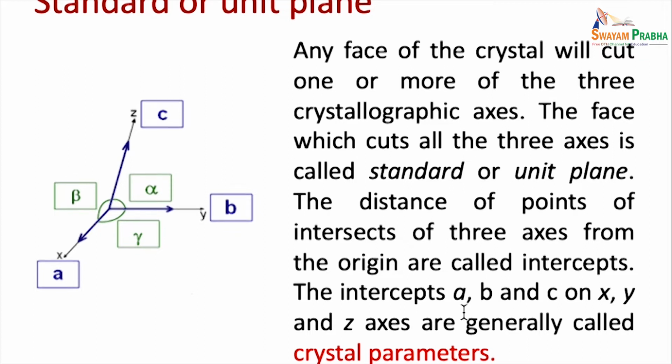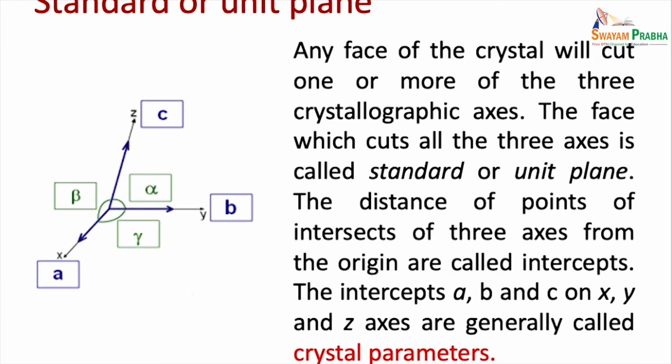The intercepts A, B and C on the X, Y and Z axes are generally called the crystal parameters. Now how do we measure them? You have an origin, and the face will cut the axes. When it cuts the X axis, that is measured as A. When it cuts the Y axis, it is measured as B. When it cuts the Z axis, it is measured as C.